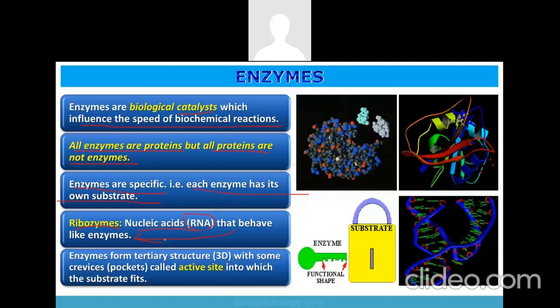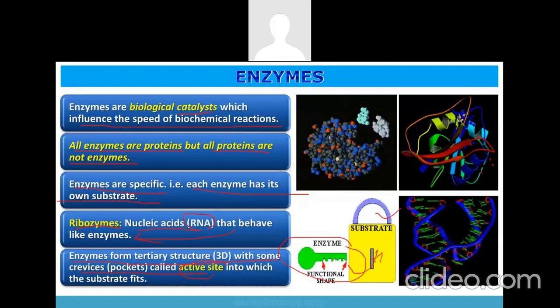There are special things called ribozymes. These molecules are nucleic acids, RNA, that behave like enzymes. Since they are ribonucleic acids and act as enzymes, they are called ribozymes. Enzymes form a tertiary structure with some pockets, called the active site, into which the substrate fits.